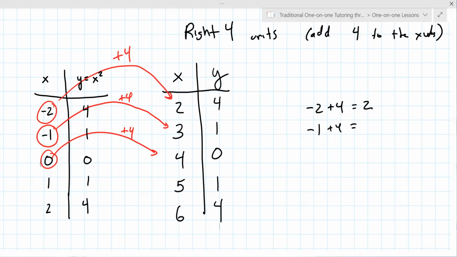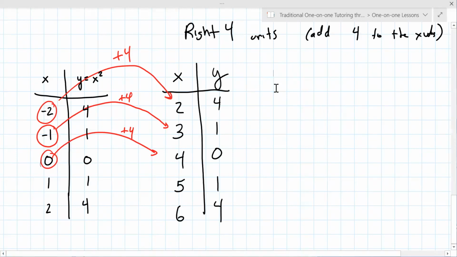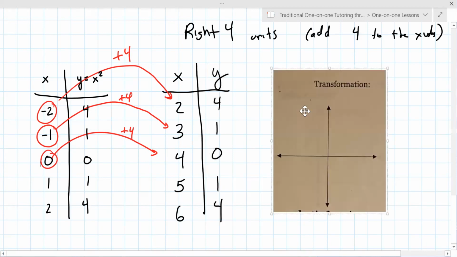Okay, now let me get to what you're going to write, because I know that's important to get down here. The middle graph there, we're going to graph these ordered pairs.